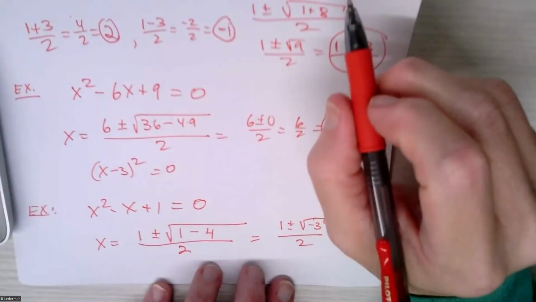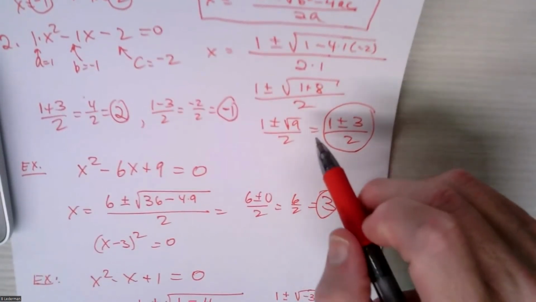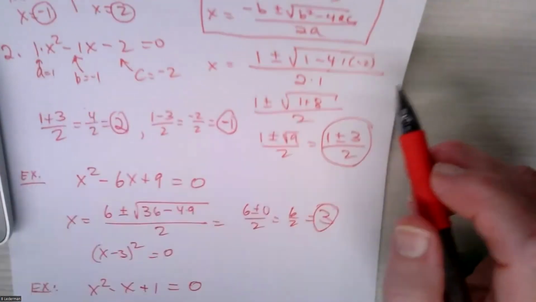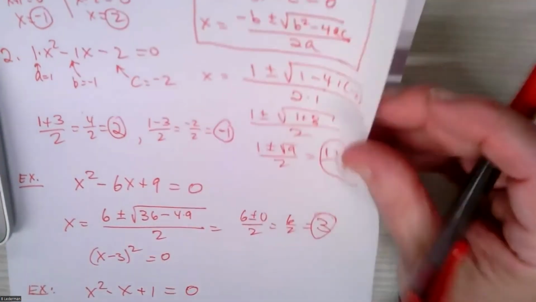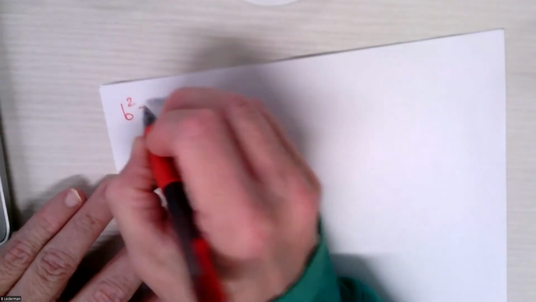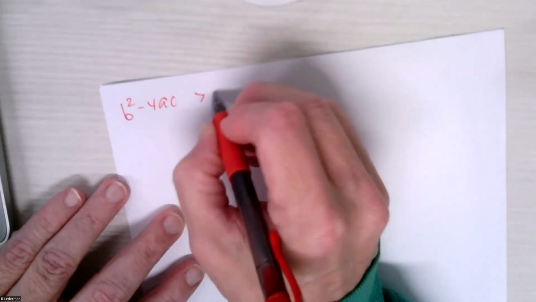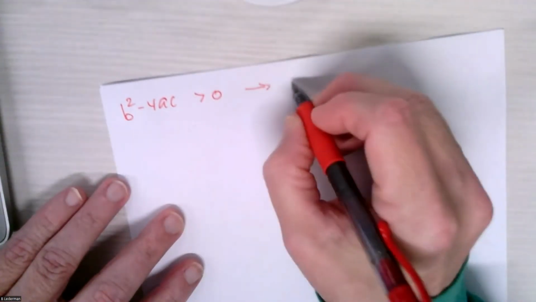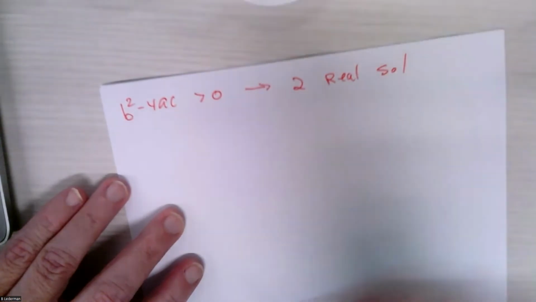When the number inside the radical, again, that's called the discriminant, is a positive number, then I have two real solutions. Actually, let me write this down. If b squared minus 4ac is greater than 0, then two real solutions.